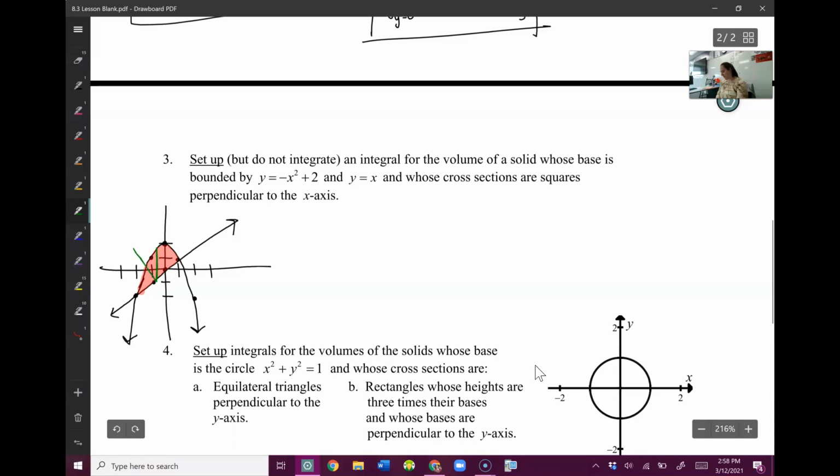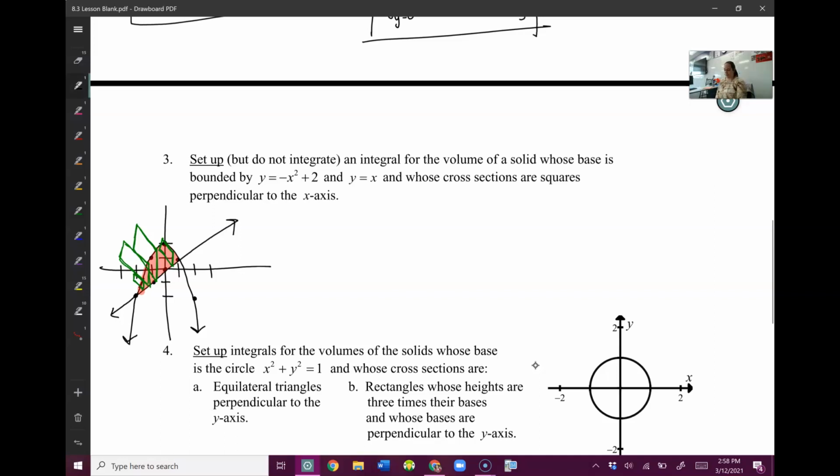perpendicular to the x-axis. So something kind of like this. So you get this shape going on.